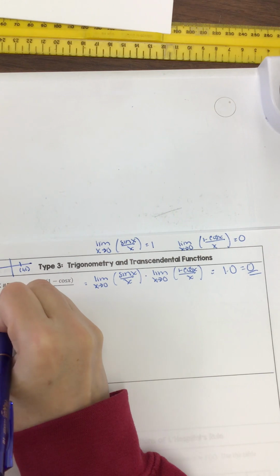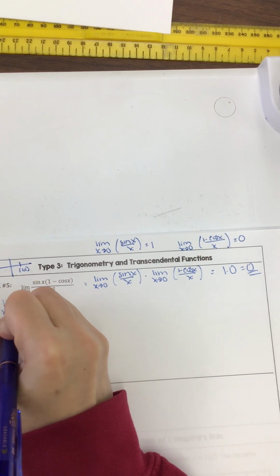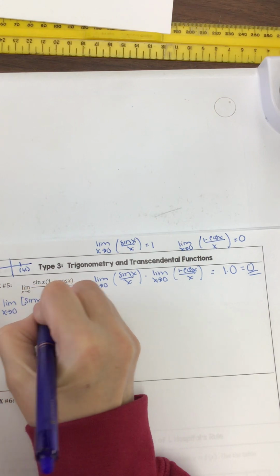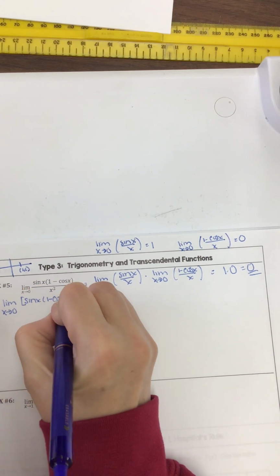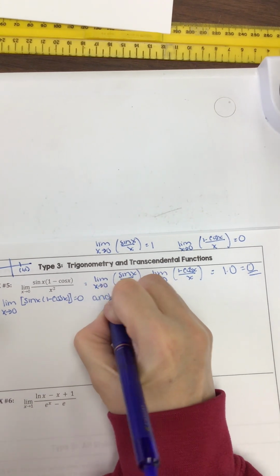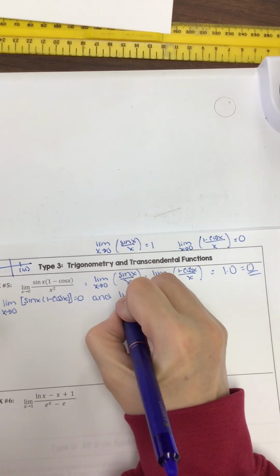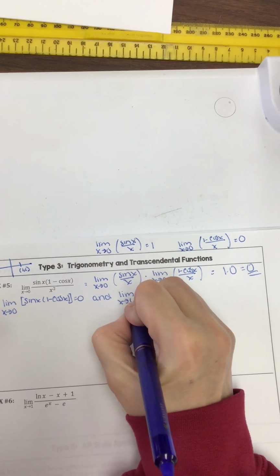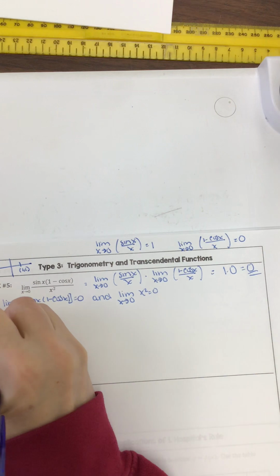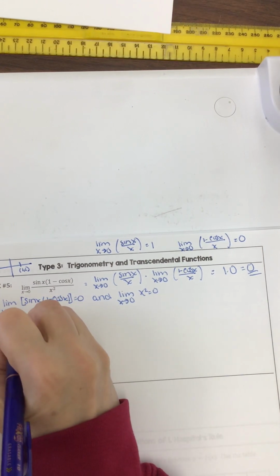So the limit as x approaches 0 of sine of x times 1 minus cosine x equals 0. And we know 0 squared is also 0. So the limit as x approaches 0 of x squared would be 0. So indeterminate form.